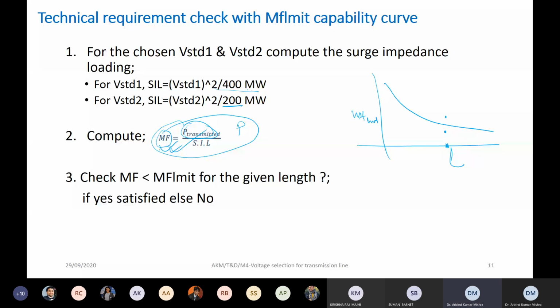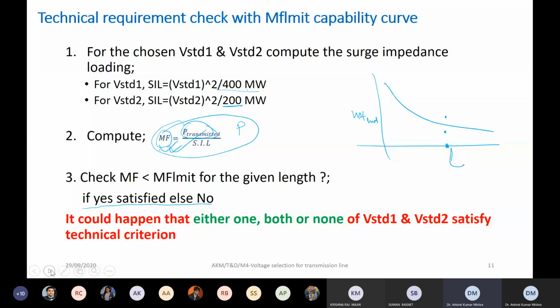Now, if yes, it is satisfied. If not, no. One thing could happen: now you have two standard voltages, for the two economical voltages for number of circuit 1 and number of circuit 2. What does it mean? Say you have some 100 megawatt of power to be transmitted over 100 kilometers or 110 kilometers.